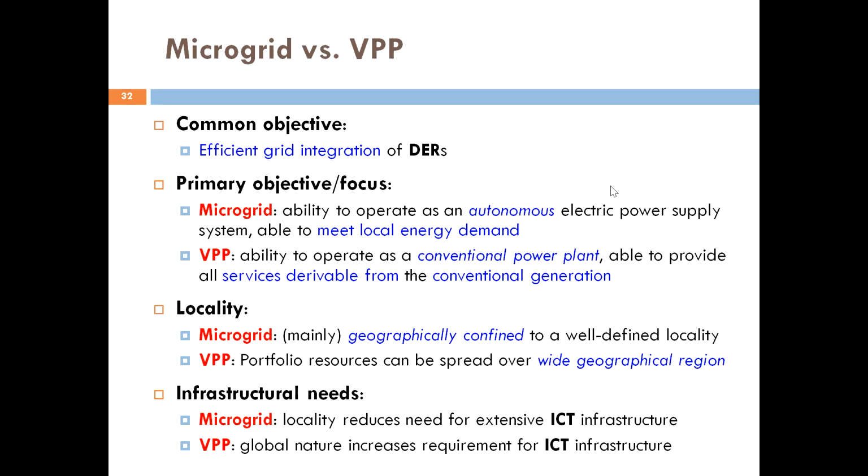Infrastructural needs. A microgrid does not have as much a need for advanced ICT infrastructure, whereas for a VPP, ICT infrastructure really forms, we can say, the backbone of the VPP, because it is mostly focused on the aggregation of a variety of distributed energy resources.